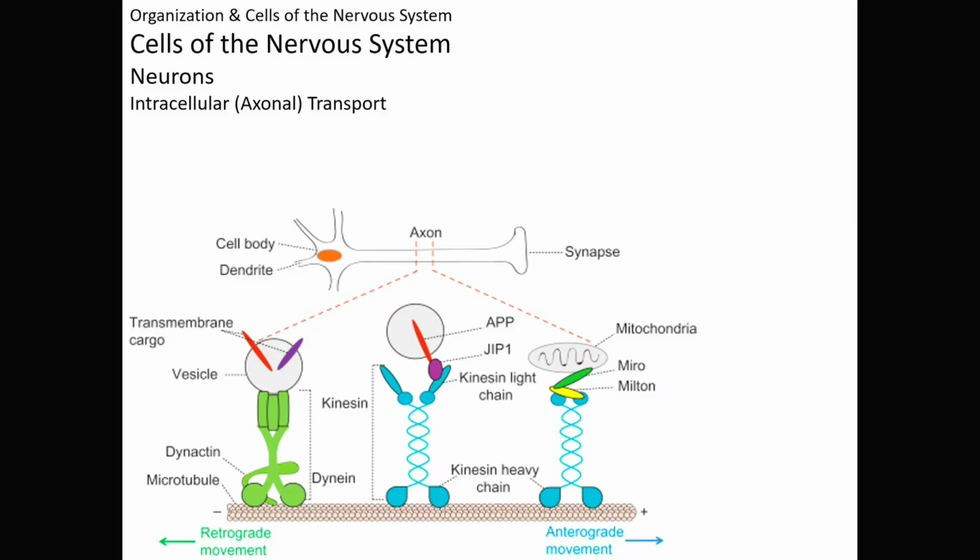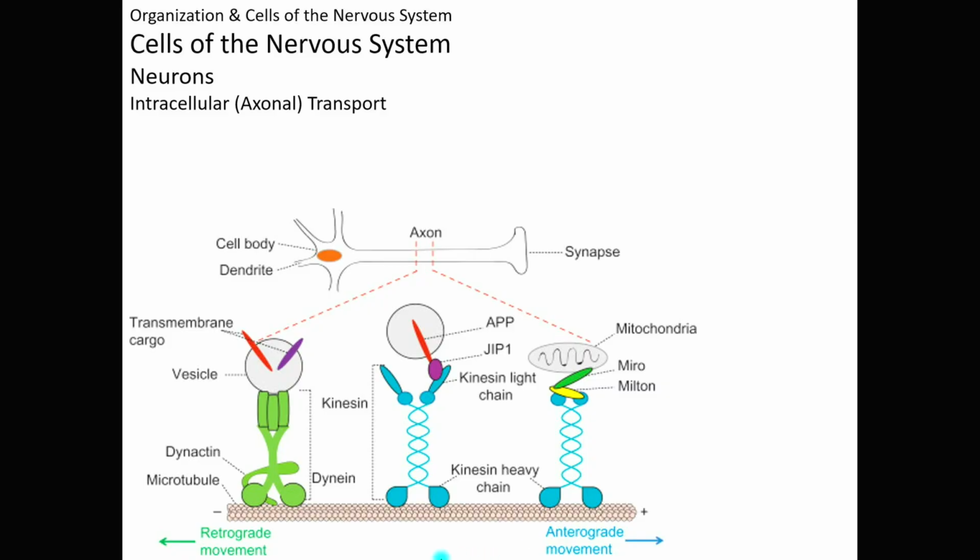Now, as shown in the figure, kinesin, colored in blue, is responsible for what we call anterograde movement of cellular cargo, which basically means from the center of the cell towards the cell periphery. So kinesin transports stuff out towards the periphery of the cell. Dynein does the opposite.